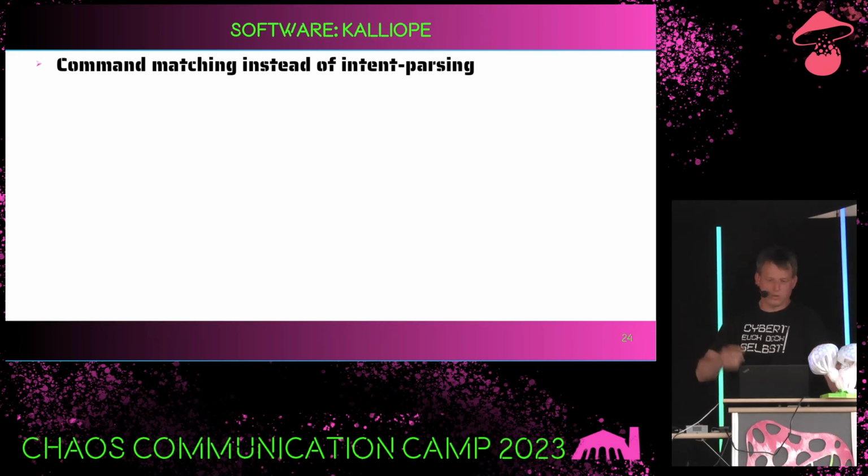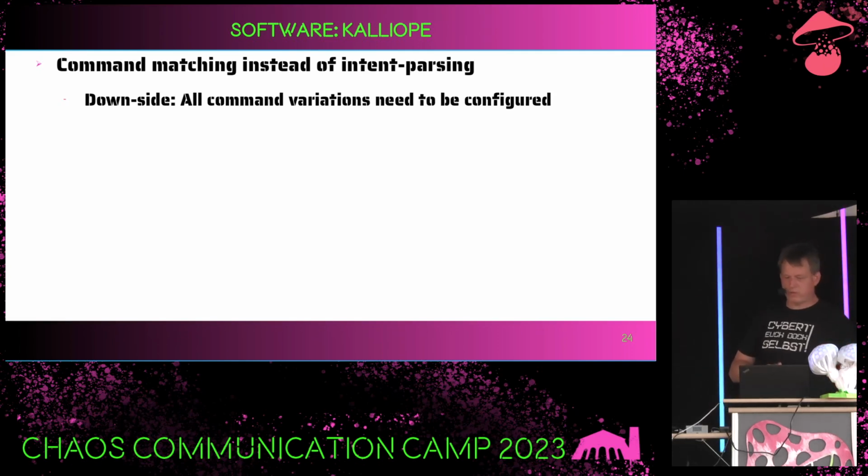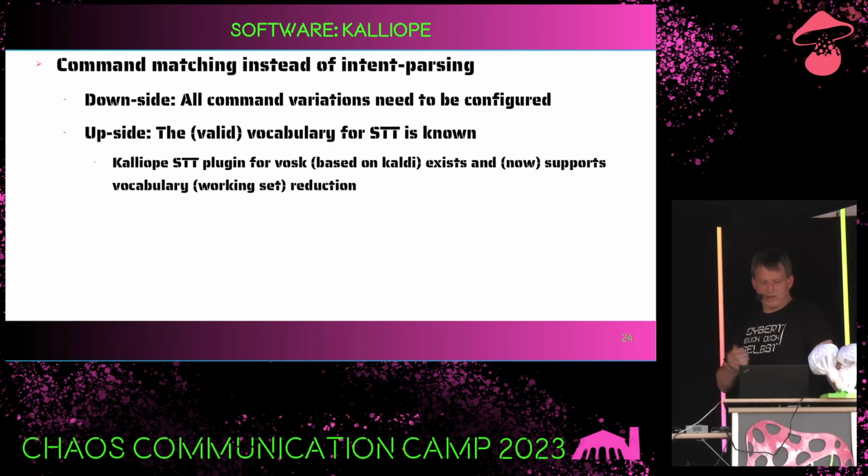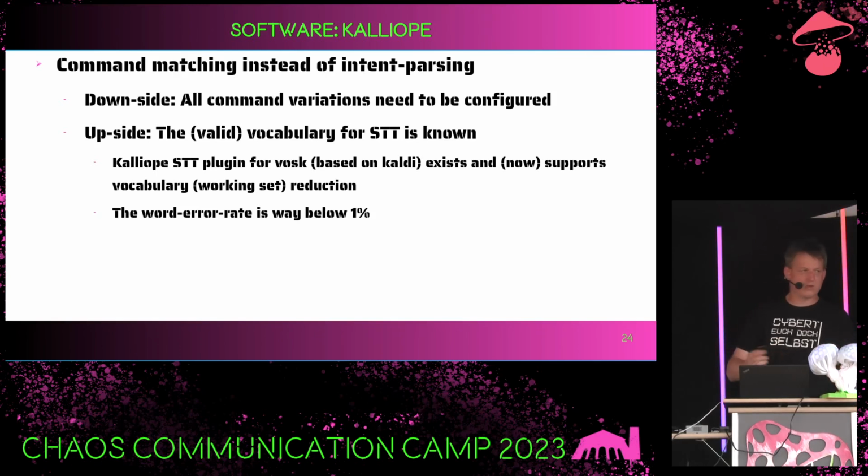So we can reduce the vocabulary for the speech-to-text. And that has the effect that we have a word error rate of way, way less than 1%. I have to really try, under better conditions than this, to get it to misunderstand me.